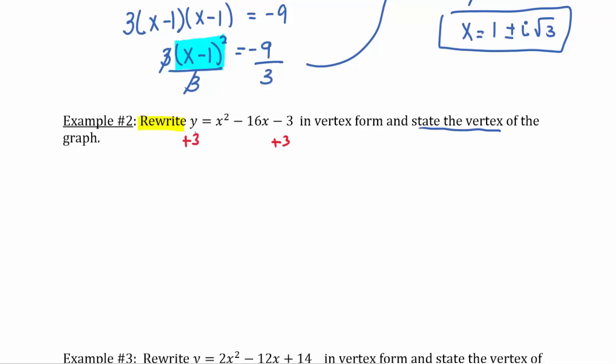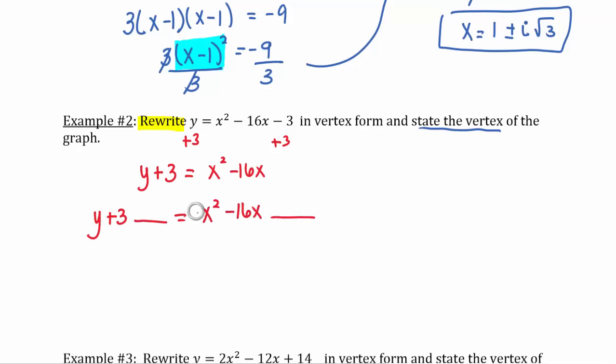Since y and 3 are not like terms, that just stays y plus 3 equals x squared minus 16x. And then I need to complete the square. So y plus 3, I'm going to draw a line, equals x squared minus 16x, and I have a line. This is a 1 in front, which means I don't have to add any special numbers to either side. I just have to go into completing the square.